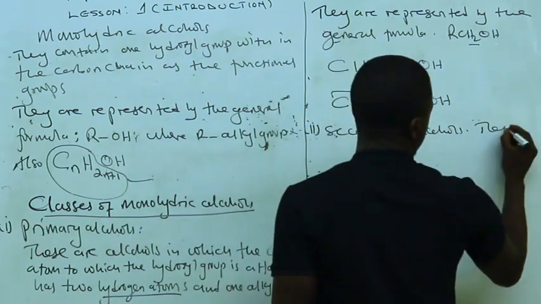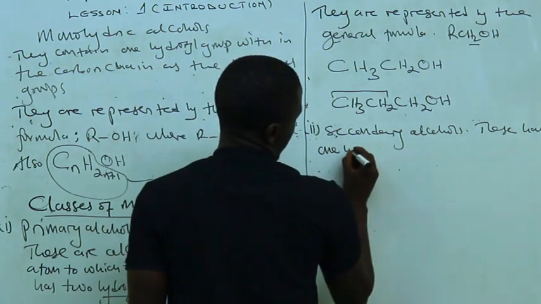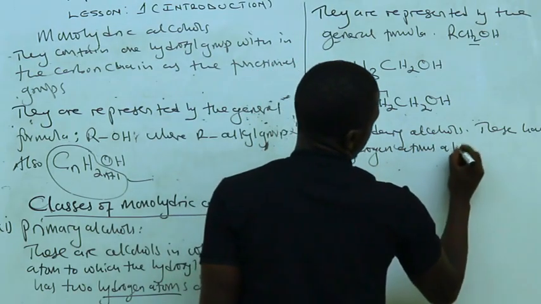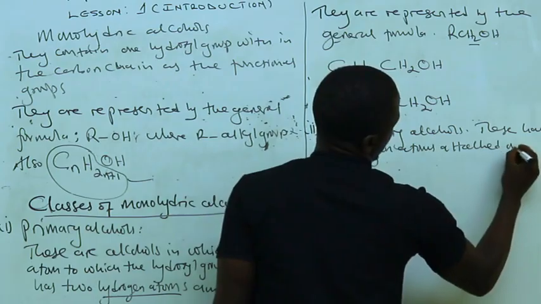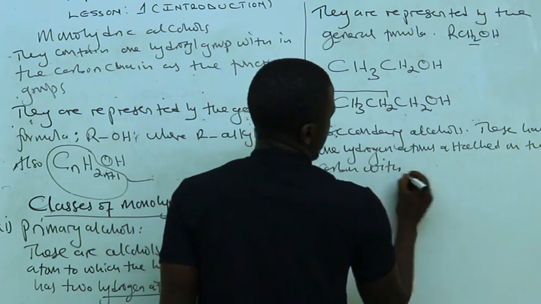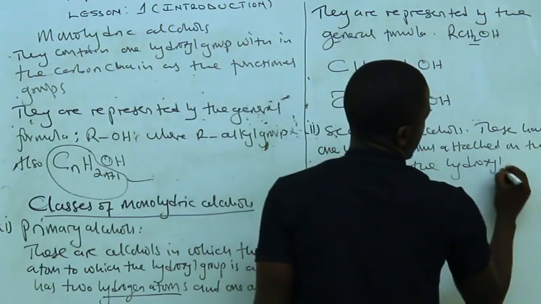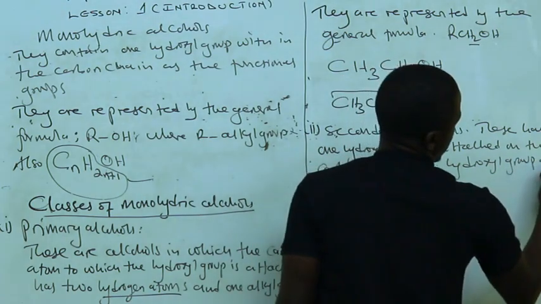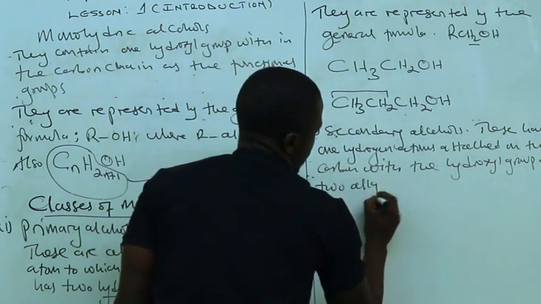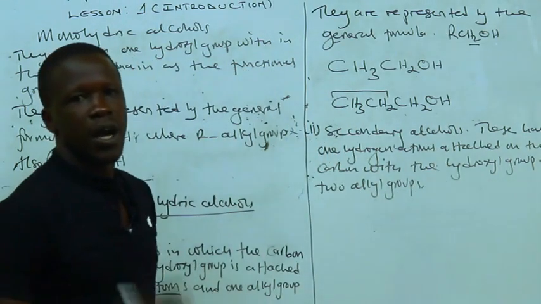Now these have 1 hydrogen atom attached on the carbon with the hydroxyl group and 2 alkyl groups. 1 hydrogen atom and 2 alkyl groups.